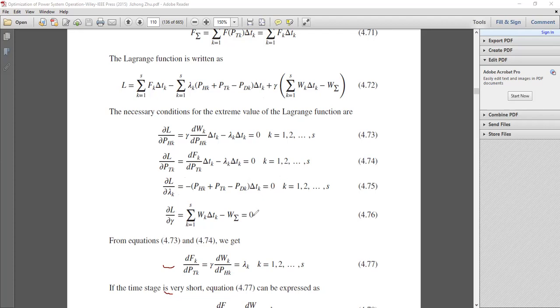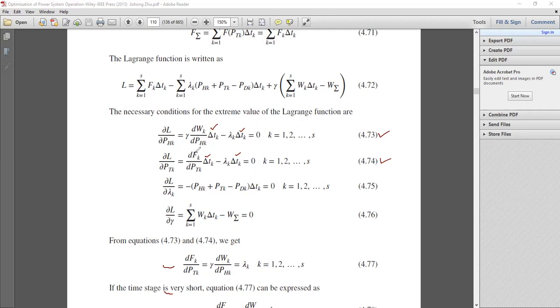And if we now follow closely from equations 4.73 and 7.4, what do you get? You can see that you have del TK here and there. On the right hand side you have 0, so you can simply ignore del TK because it is non-zero. You can divide both sides by del TK, and you can get rid of that from these two equations.